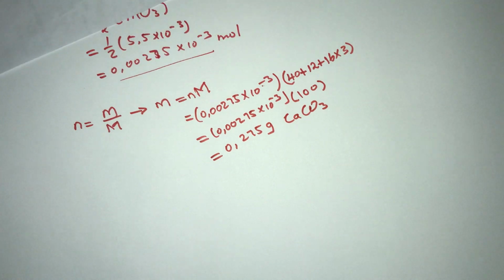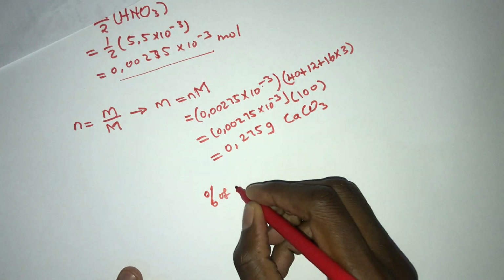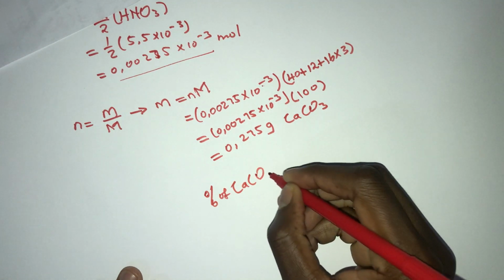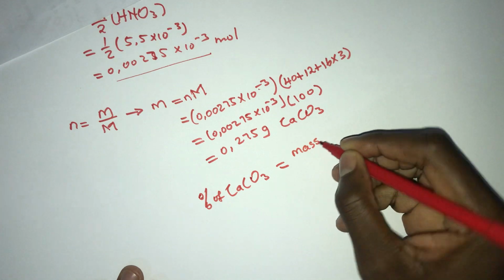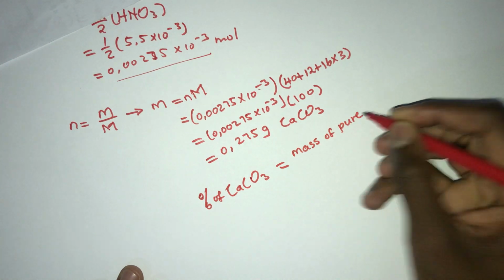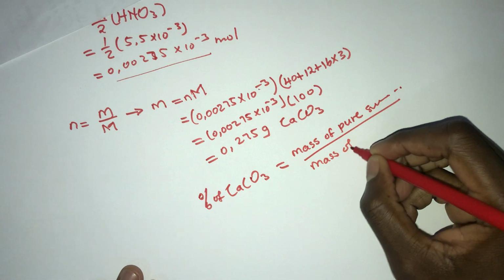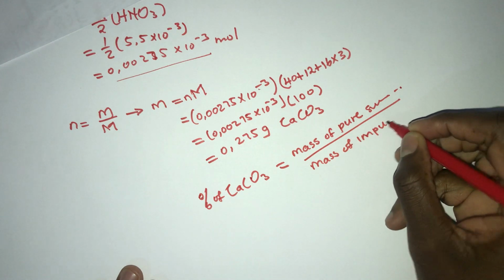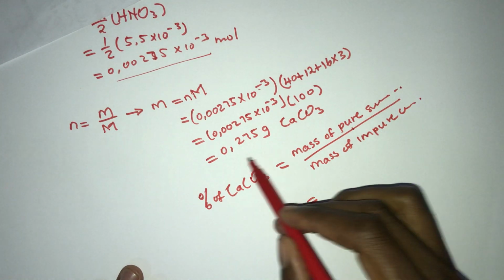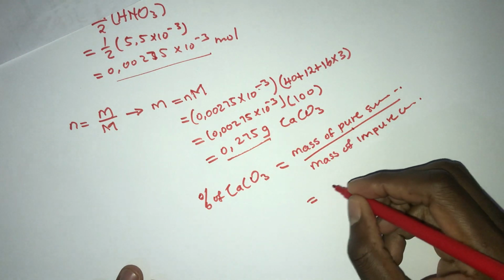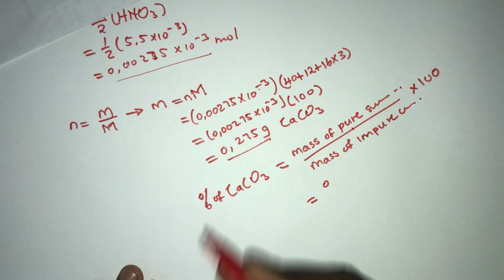So what are we going to say? The percentage of calcium carbonate is equal to the mass of pure substance divided by the mass of impure substance, multiplied by 100 since we are looking for the percentage.